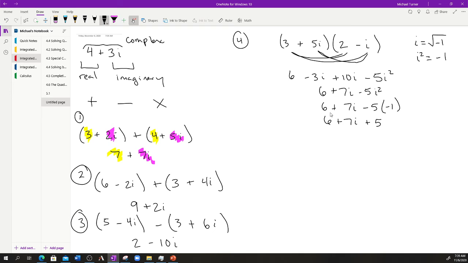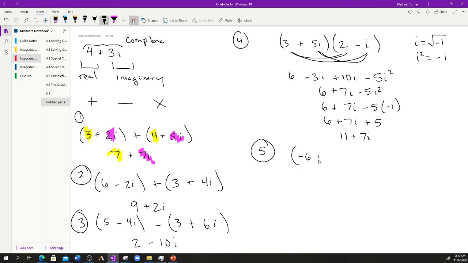And now we can combine 6 and 5 to get 11 plus 7i. So in the multiplication process, you should end up with a complex number with one real and one imaginary part. So the very last step, when you get that i squared, you need to change it to be -1.